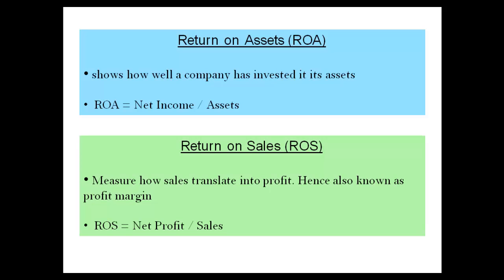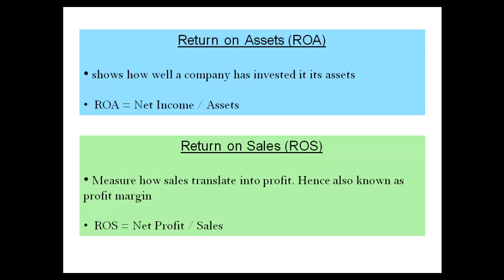Return on assets, ROA. It shows how well a company has invested in its assets. The return on assets is calculated by dividing net income by assets. Return on sales, ROS. It measures how the sales translate into profit.